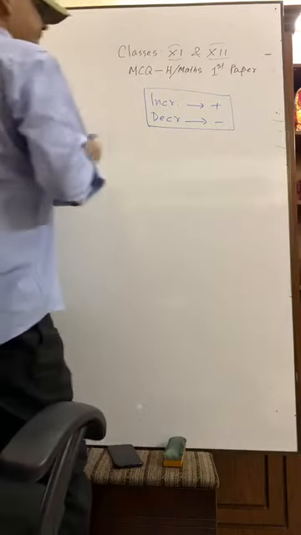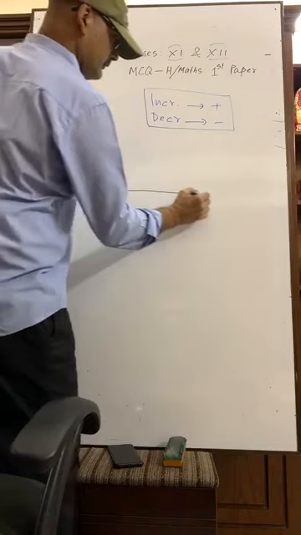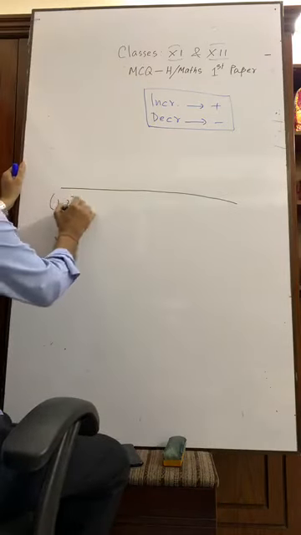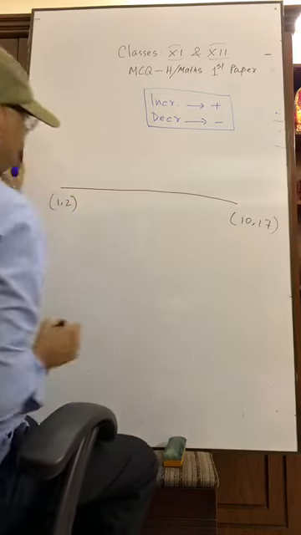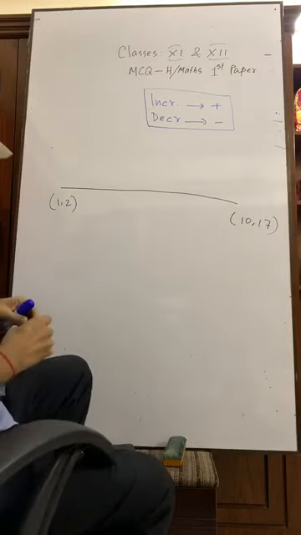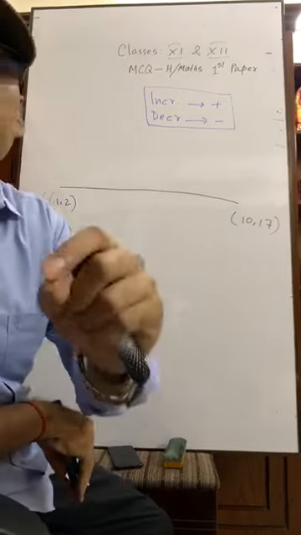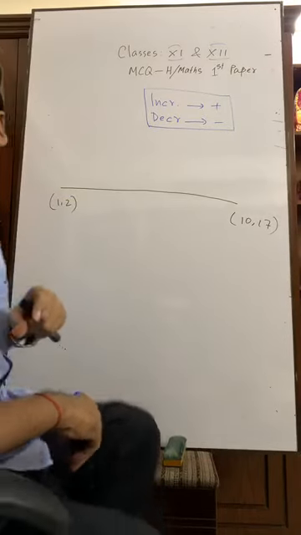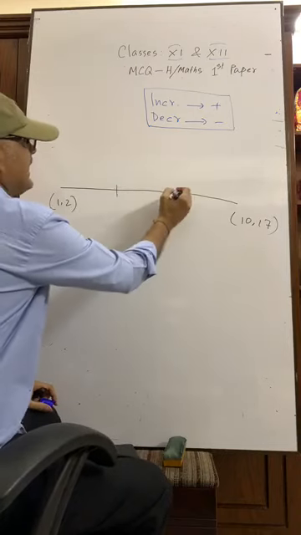Suppose this is 1, 2 and this is 10, 17. We have to determine the trisection points. That means this and this.